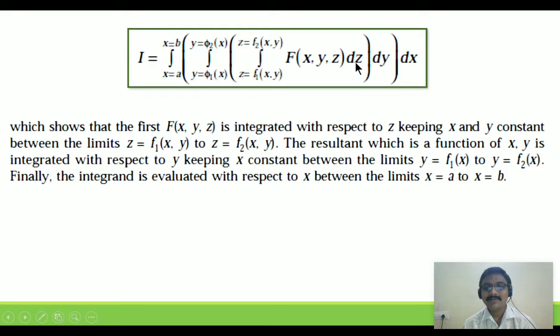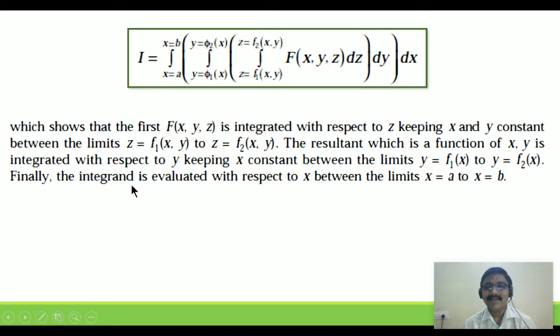While integrating with respect to z, we have to keep x and y as constant between the limits z is f1 of x,y to f2 of x,y. The resultant, which is a function of x and y, is integrated with respect to y. While integrating with respect to y, we have to keep x as constant between the limits phi1 of x to phi2 of x.